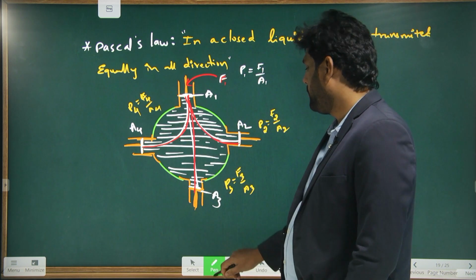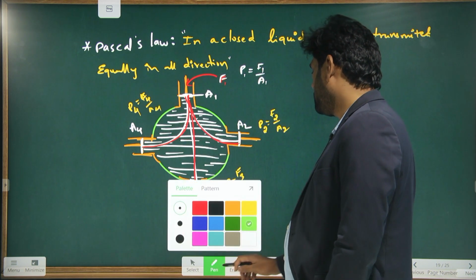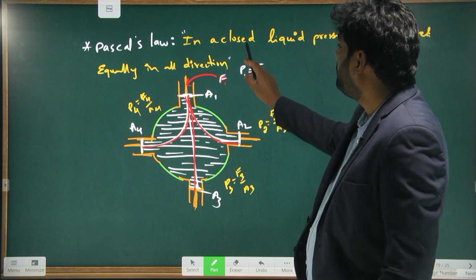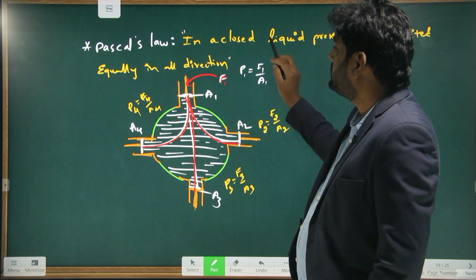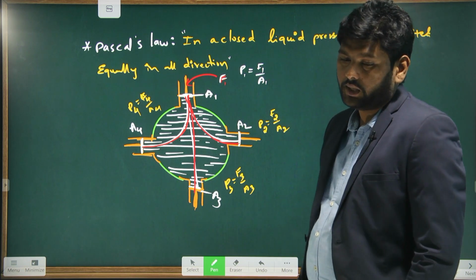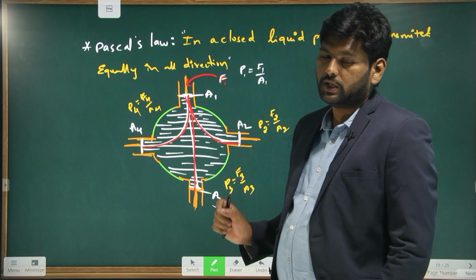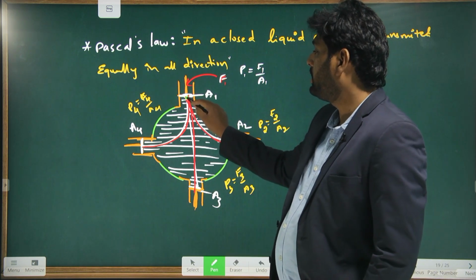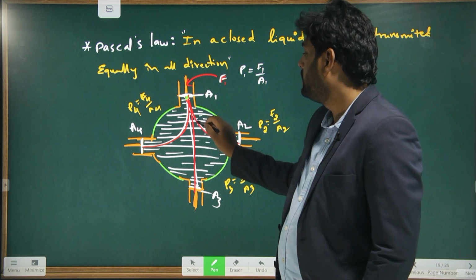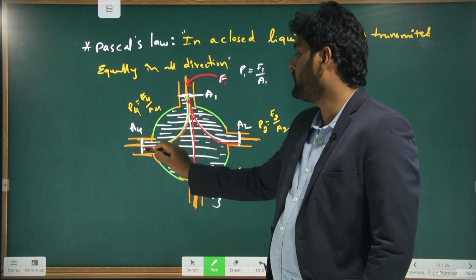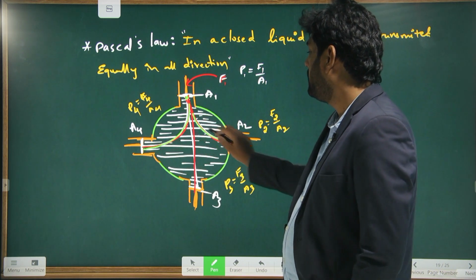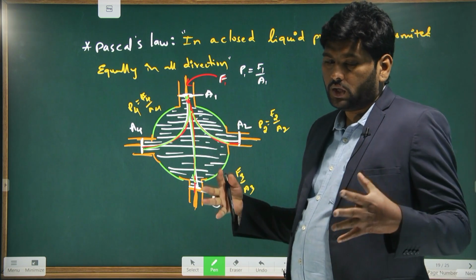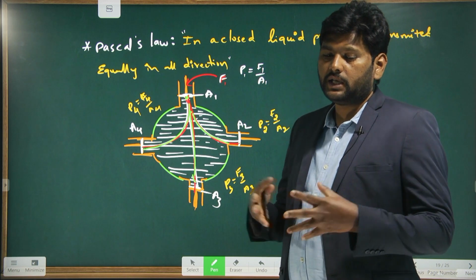But here the pressure exerted at all pistons is equal, because according to Pascal's law, pressure exerted in a liquid is transmitted equally in all directions. So whatever the pressure exerted at the first piston, this liquid transmits the same pressure here and here, because it is totally filled with an incompressible liquid.